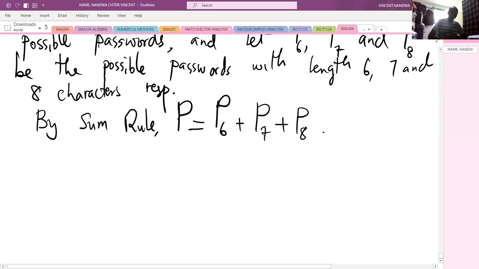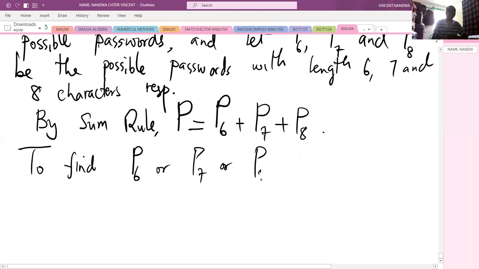But finding each of these P6, P7, and P8 is not very direct given the conditions specified in the question. It's not very direct to find the values of P6, P7, and P8.